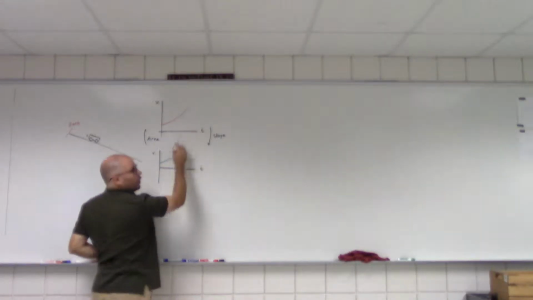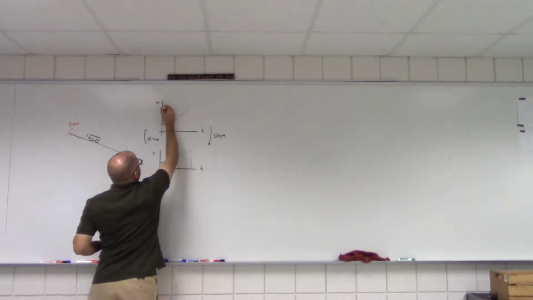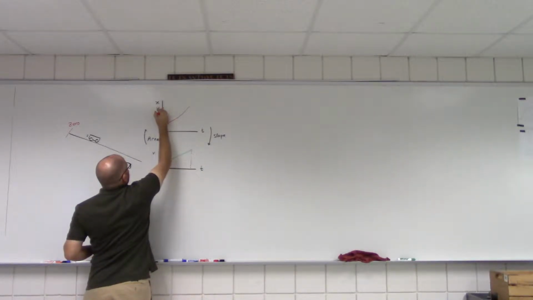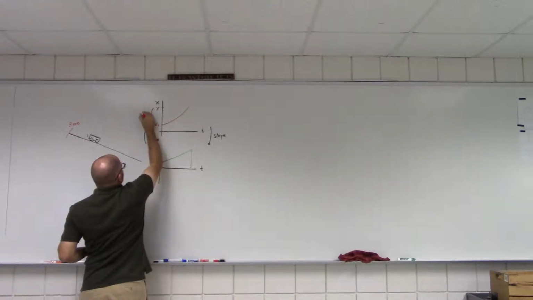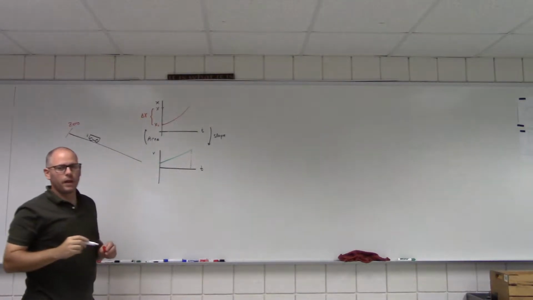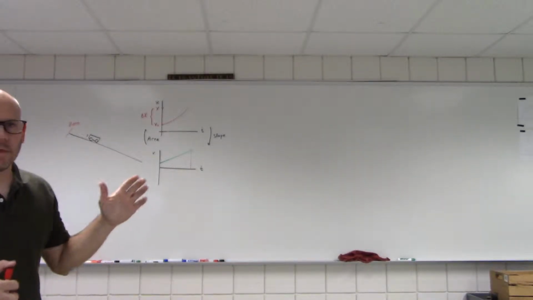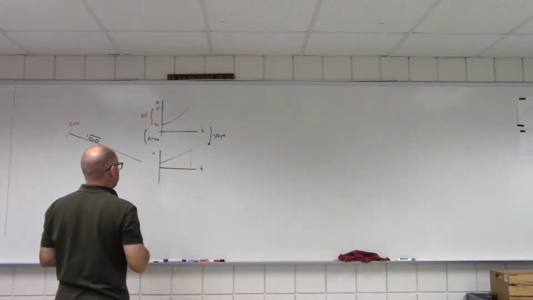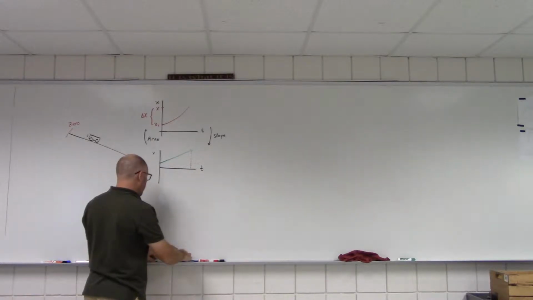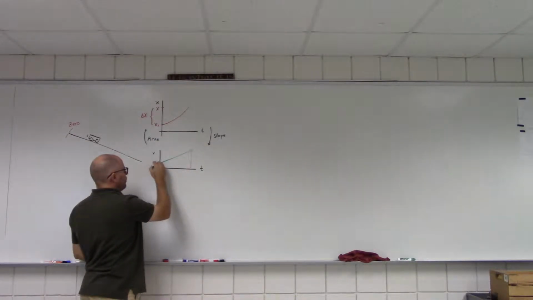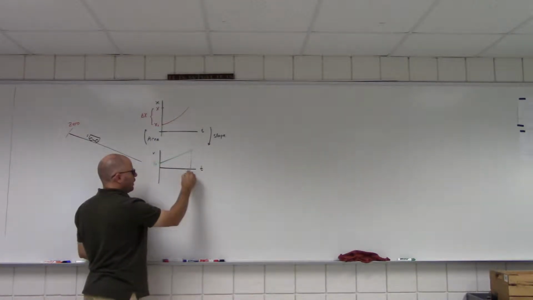According to this graph, that would be the change in position. What does it look like on my velocity time graph? So this here is the initial velocity.